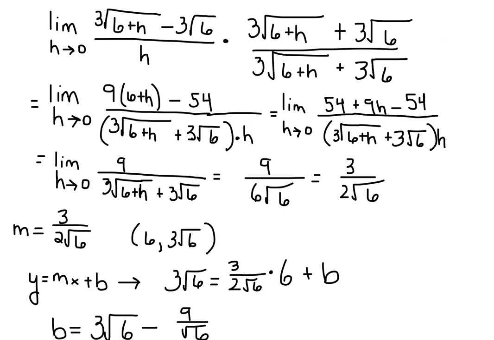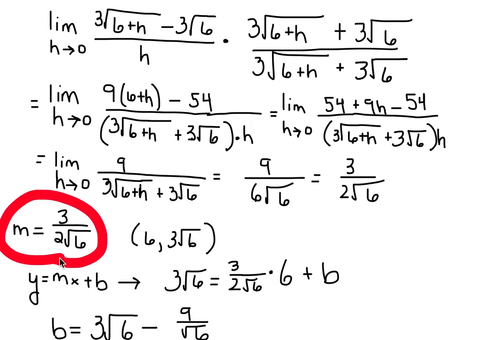So what this tells me is that this is the slope of the tangent line at x equals 6 for the function 3 square root of x. So this is my slope.